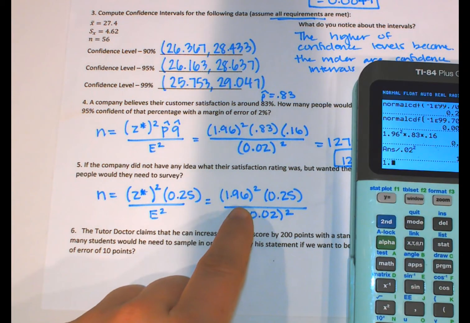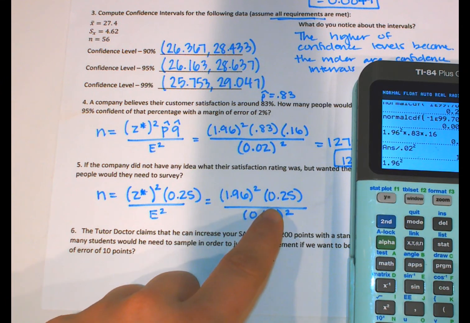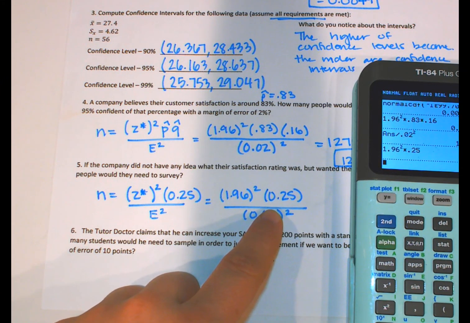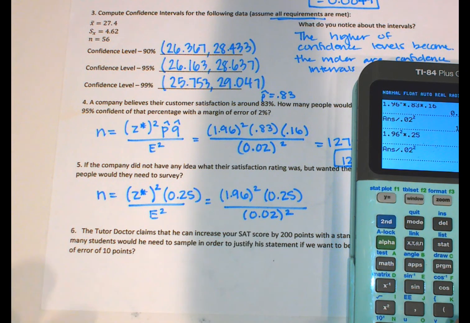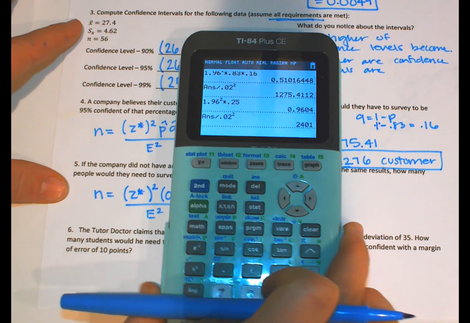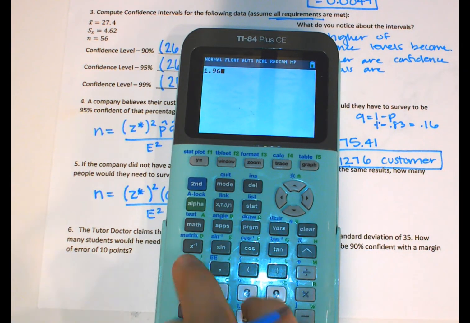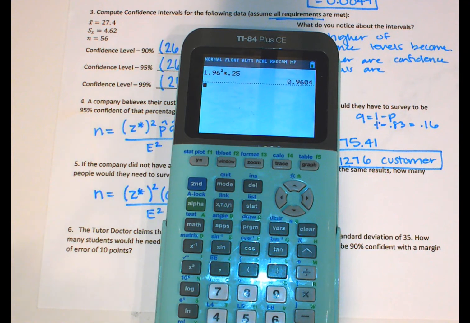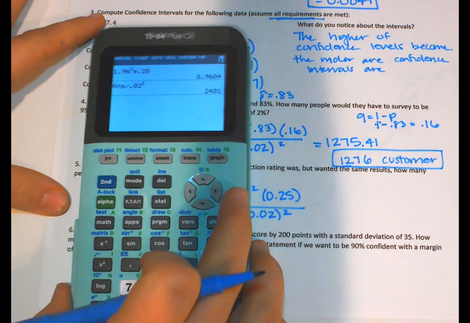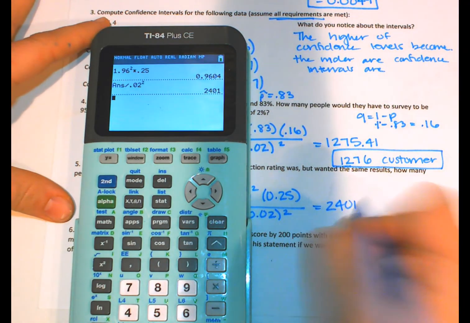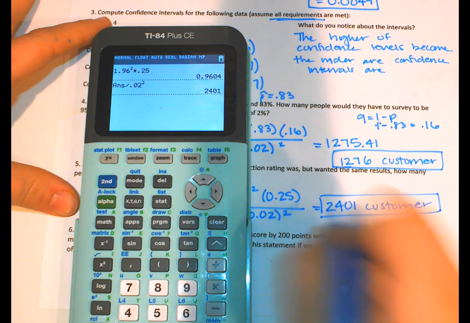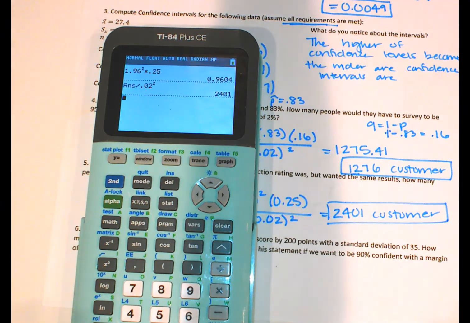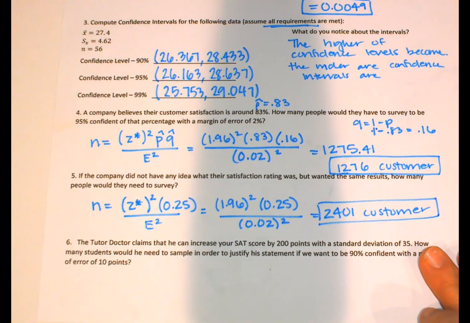So 1.96 squared times 0.25, and then I'm going to divide by 0.02 squared. And I get 2,401. Because it's not a decimal, we don't need to round up. Asking exactly 2,401 customers will suffice to get us the result that we're looking for.